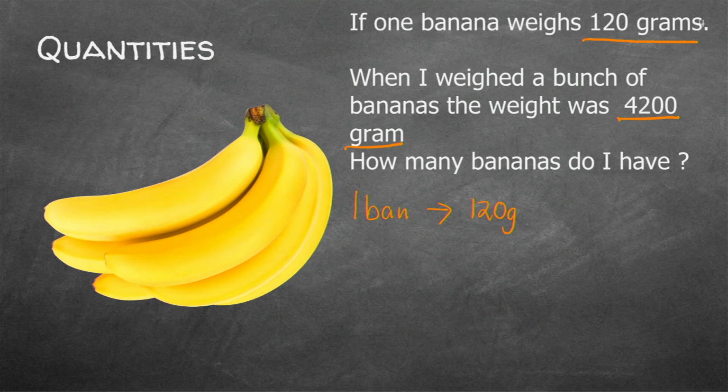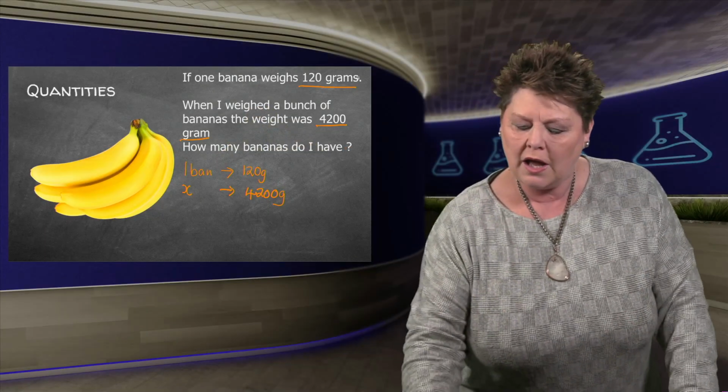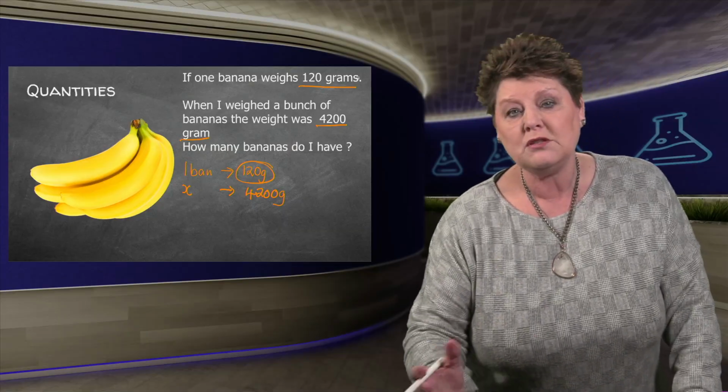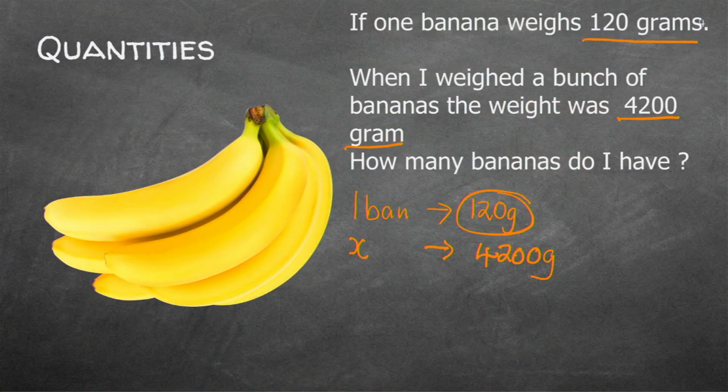I now have the number of bananas asked, and I know the weight is 4,200 grams. Again, on average, they will have 120 grams average, and they're asking me how many bananas do I have.